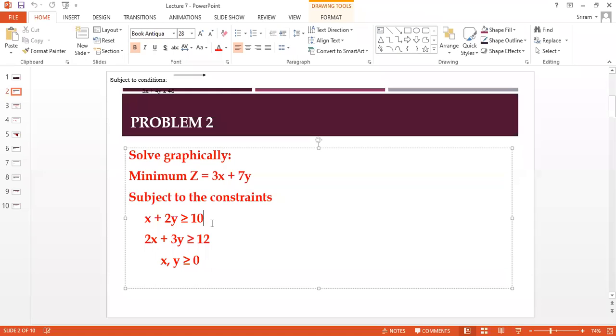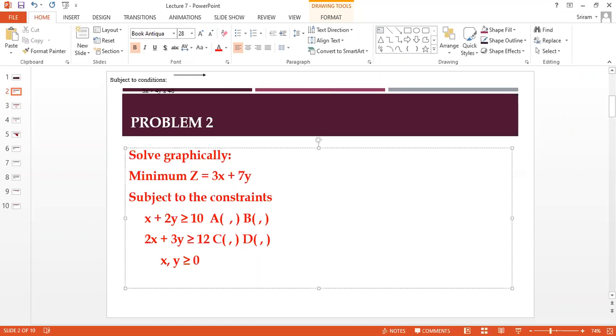If you remember, we take the first equation, x plus 2y, and find 2 points from it, point A and point B. Then from equation 2, we find 2 points, C and D. This is what we said in the last class.